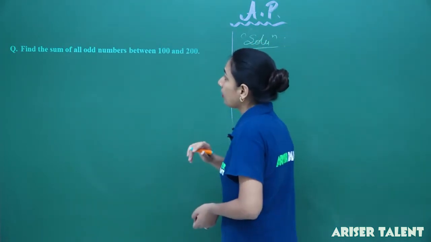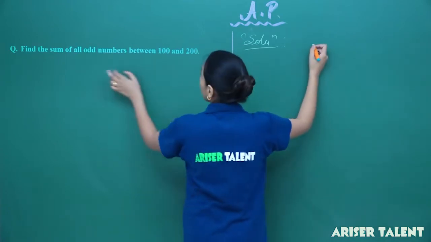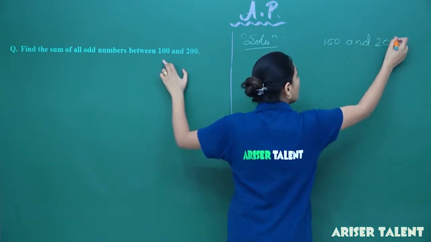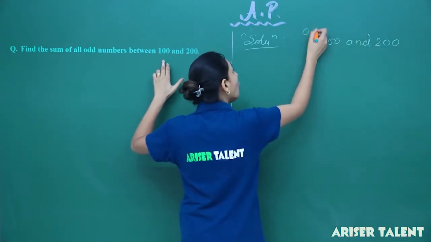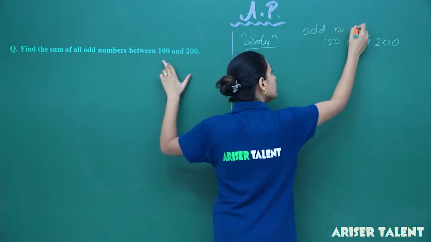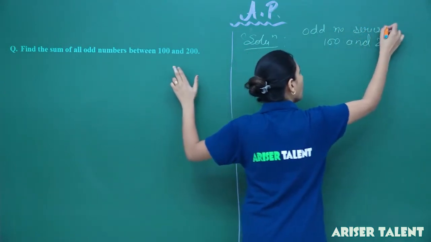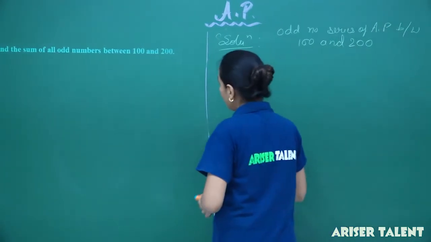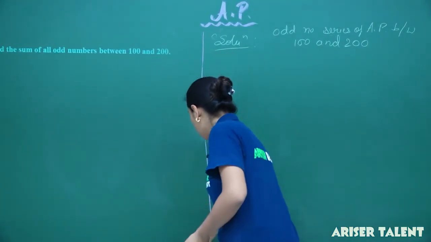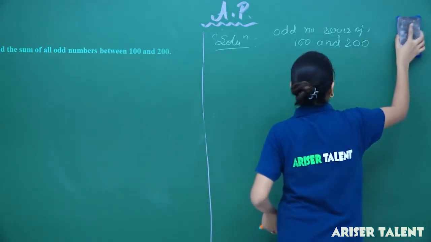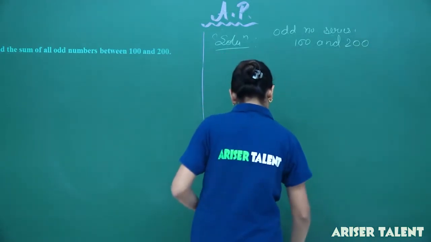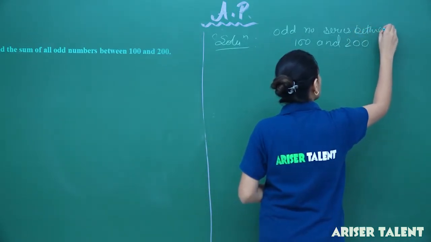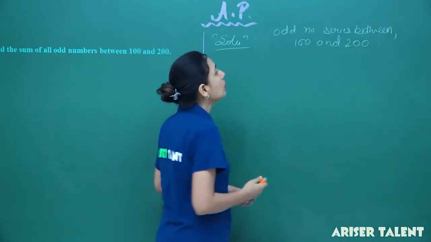Here, what you have been given? 100 and 200. Okay. So odd number series of AP between, or if there is no mention of AP, you can just say odd number series between 100 and 200.